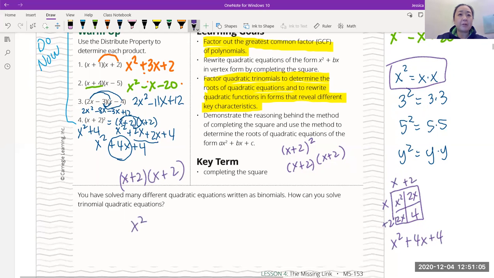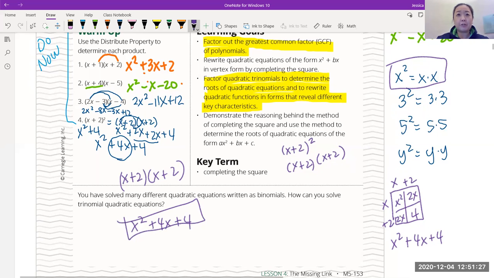And then in their brain, they know this x is going to multiply with this 2 too, so that's 2x, and I'm going to have another one, so that's actually just 4x. And then 2 times 2 for the last term is 4. You could totally do that. If you can think ahead and just do it in your brain like that, that's totally fine. That works. Happy days. But if not, don't feel bad.